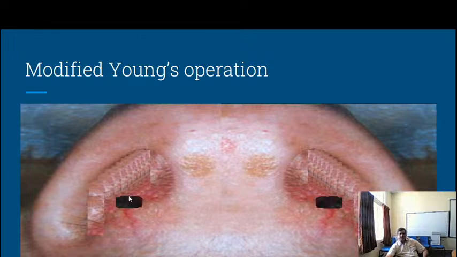There are certain advantages of this small aperture: when the air goes through these small apertures into the roomy nasal cavities, there is a phenomenon called Bernoulli's phenomenon, when air passes through a small passage and suddenly expands.